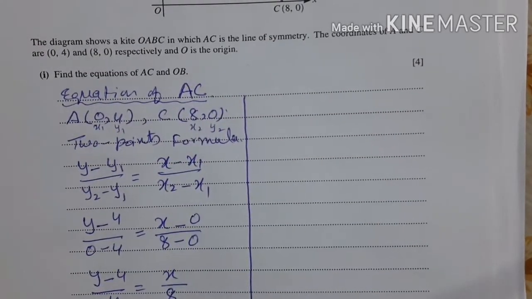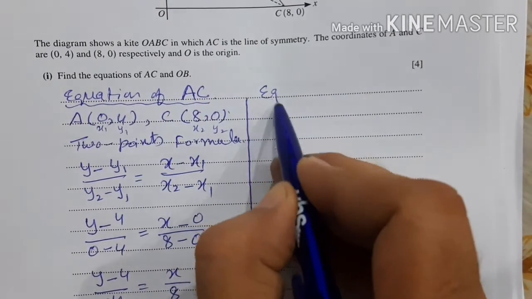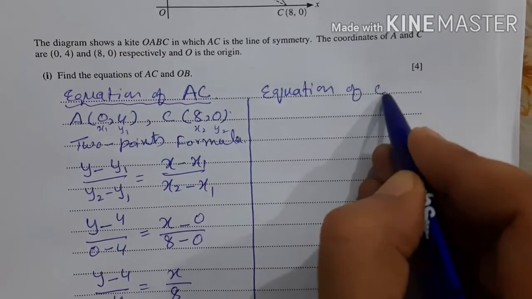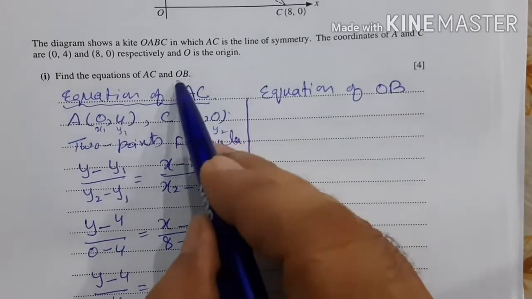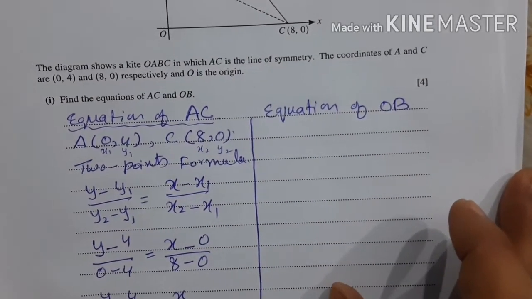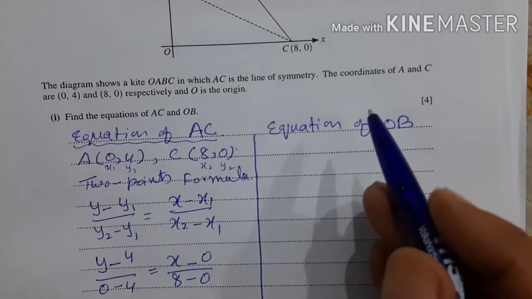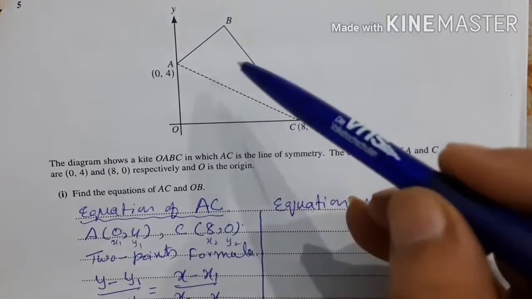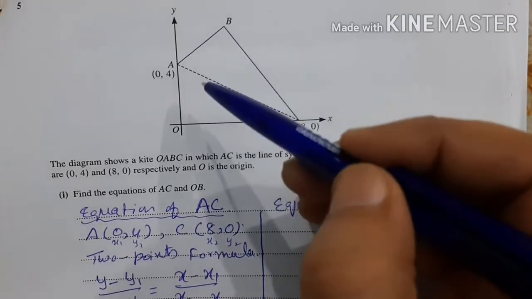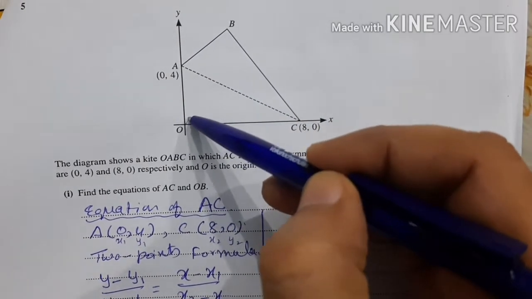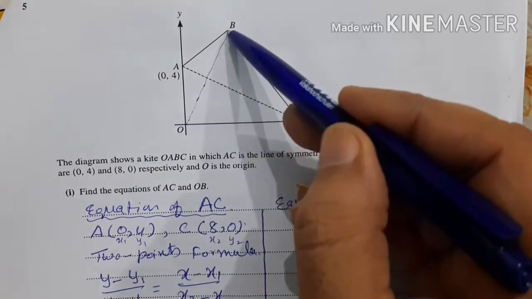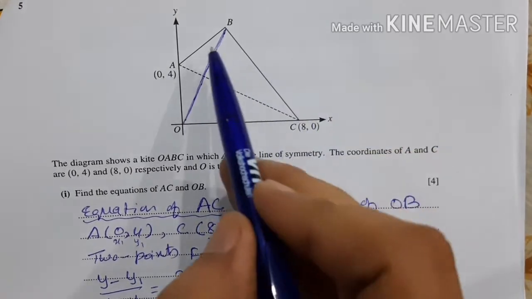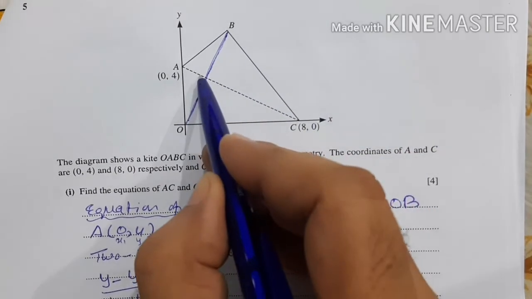Now, for the equation of OB, since I will use this line as well, this OB and AC are perpendicular to each other.